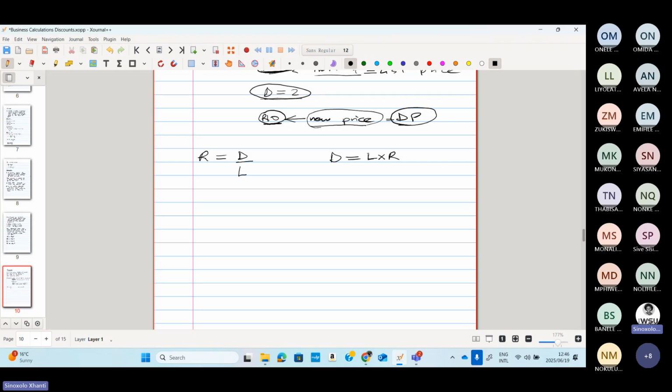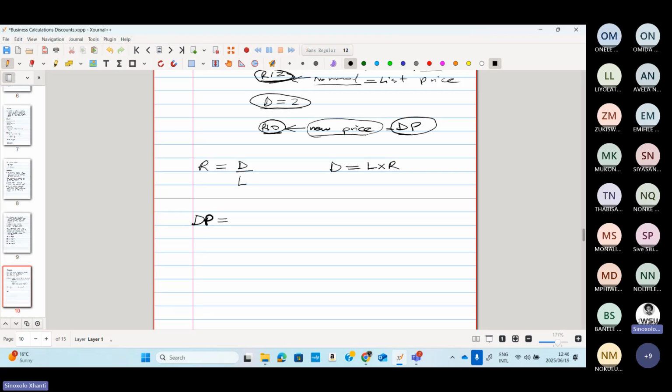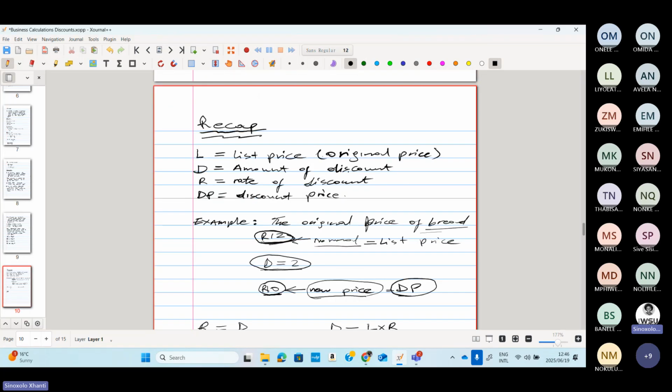So this one is when you're finding for R. This one is when you're finding for D. But this is one equation. It's one and the same thing, but you are manipulating it. And then to find the discount price, you will find out that the original price was this 12 rand.